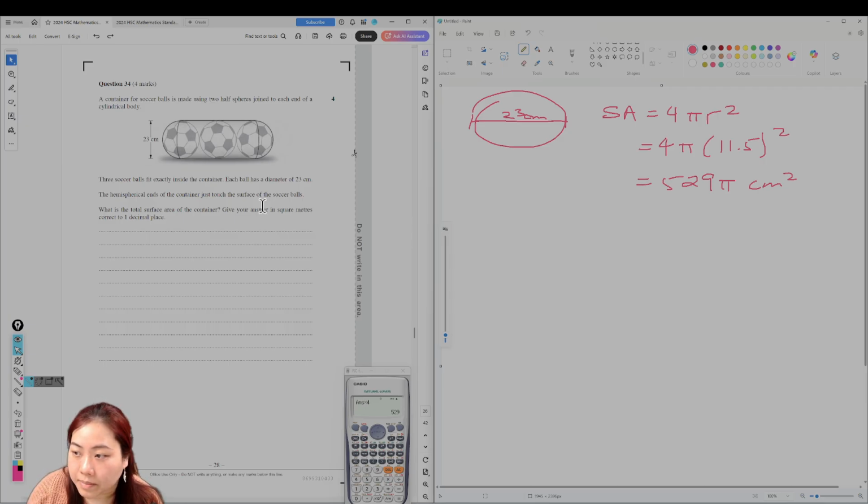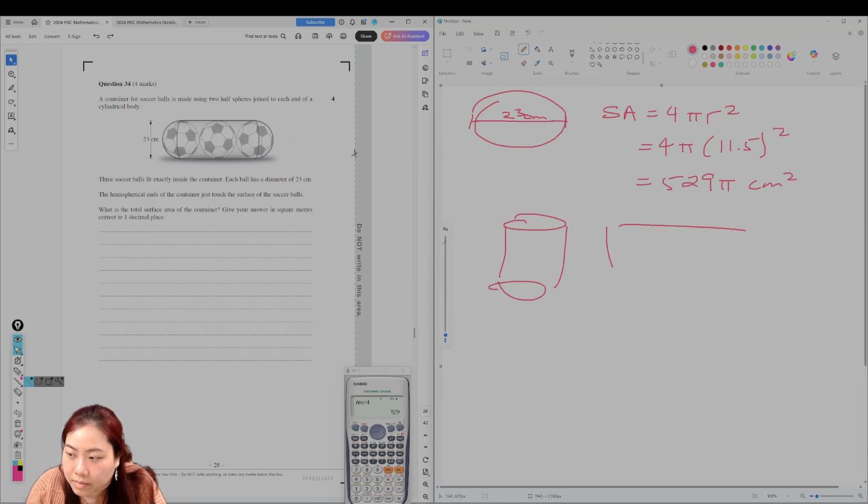Now it's the cylinder. The surface area of the cylinder part is actually just a rectangle if you unfurl the cylinder, and the length of this that goes around like that is the circumference of the sphere. So circumference is 2 pi r, and then the height. Oh, what is the height? Okay, it's 23, and it's 2 soccer balls, half and half makes one, and then another one.